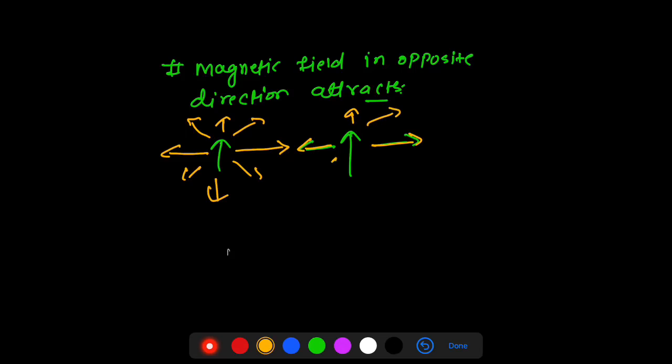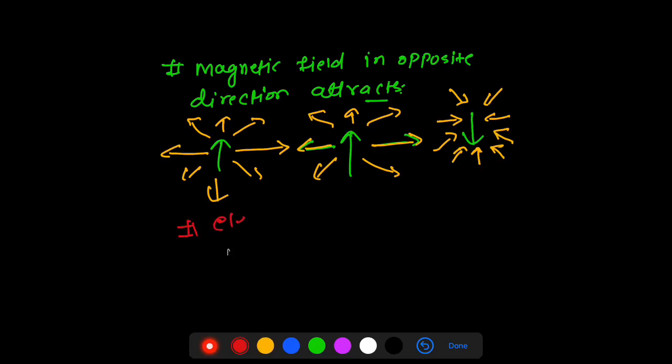Fine. If I take another electron with the same spin, will it have the same direction? Yes or no? Electrons spinning in the same direction will generate the magnetic field in the same outward direction, right? But if I take an electron in the opposite direction, the direction of the magnetic field will become just opposite, inward, right?